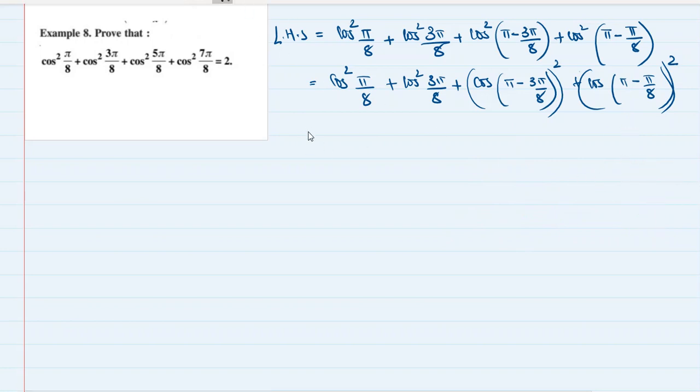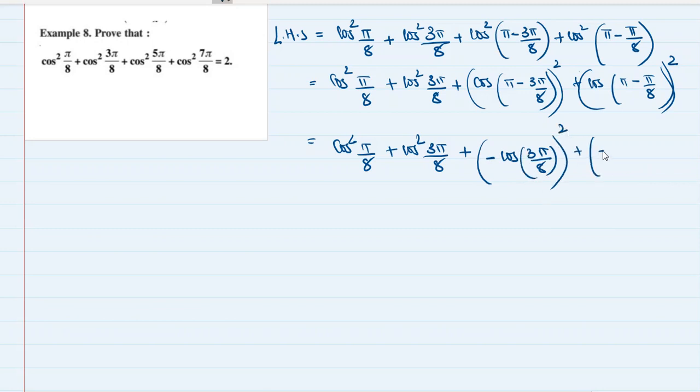So I'm going to write it as cos square pi by 8 plus cos square 3 pi by 8 plus minus of cos 3 pi by 8 the whole square plus minus of cos pi by 8 the whole square.